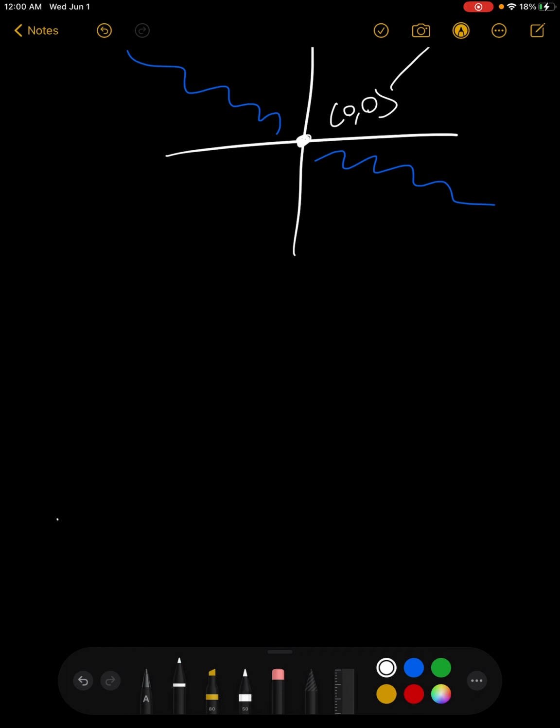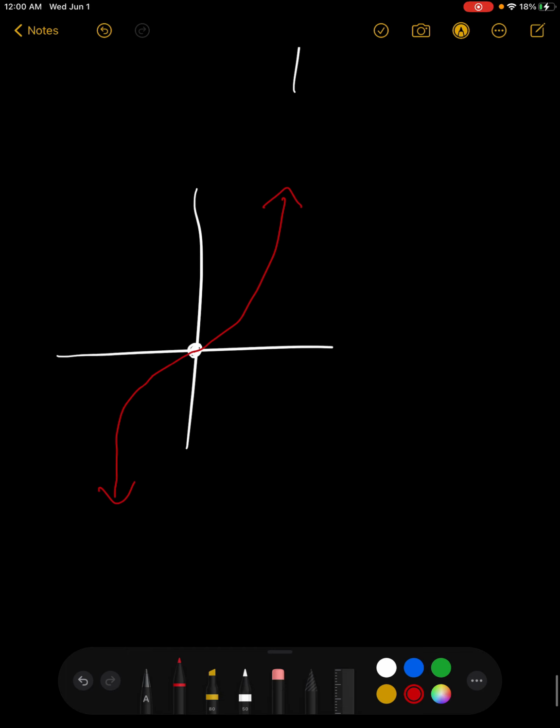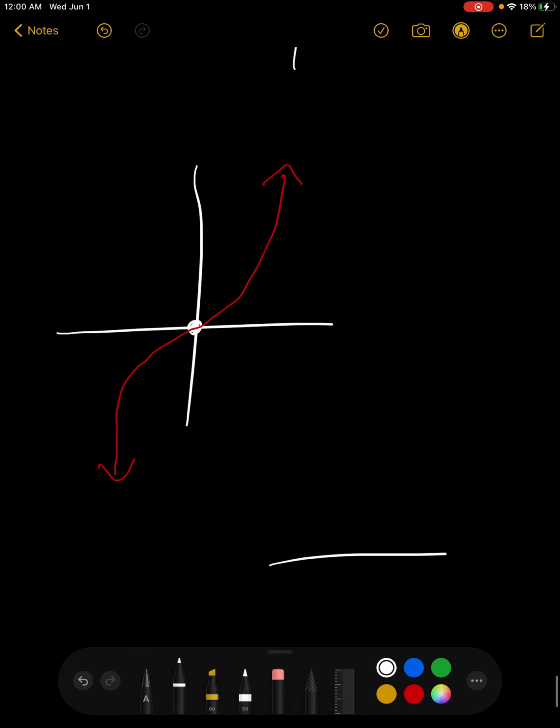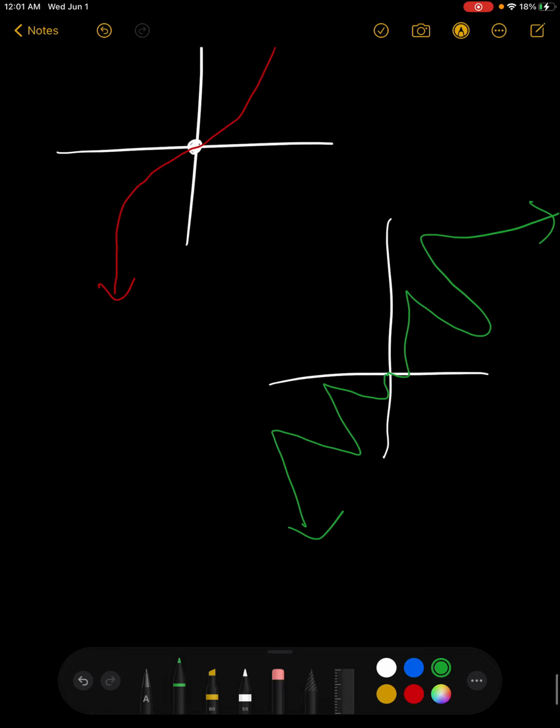So whenever you see a graph and this point in the middle is acting like the mirror, then we have origin symmetry. So I'll try to graph a few examples here. These are symmetric about the origin.